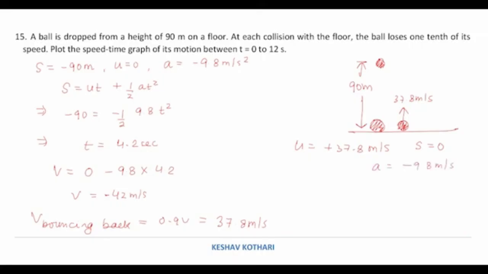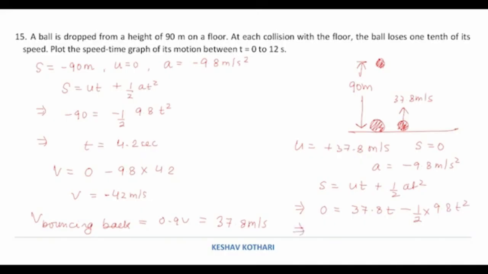So if we put the equation for this part of the graph, I say ut plus half at square, and if we solve this out, s equals 0 equals 37.8t minus half 9.8 t square.